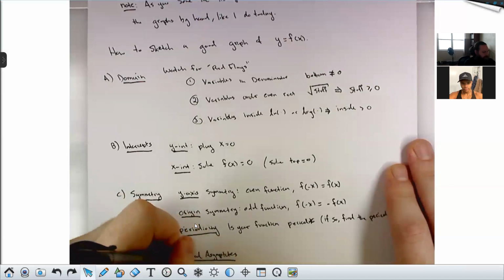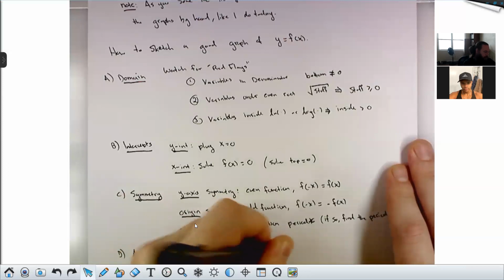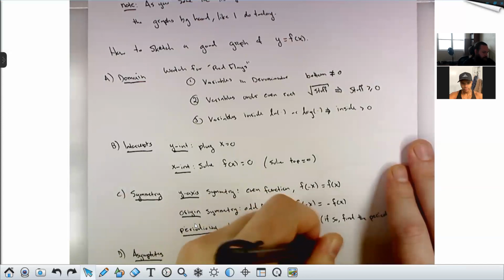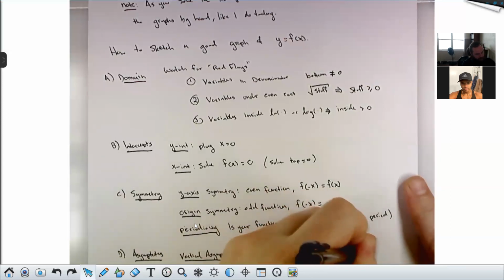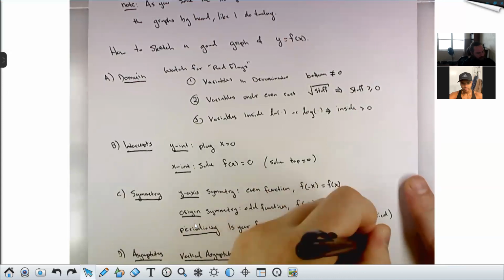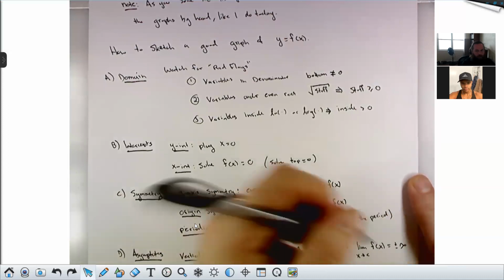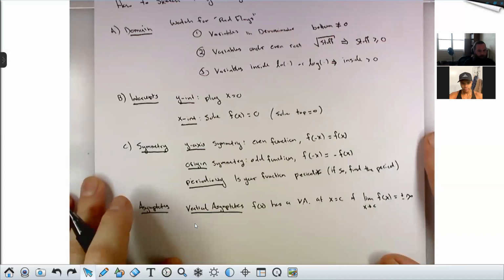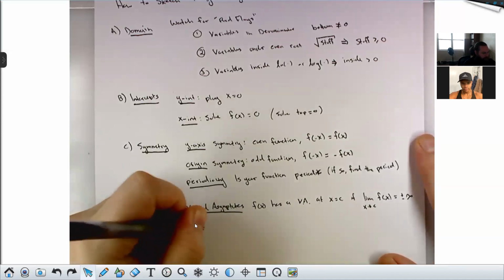You know that f of x has a vertical asymptote at x equals c if the limit as x approaches c of f of x is one of plus or minus infinity. So you're looking for places where the function blows up to infinity. And then horizontal asymptotes.